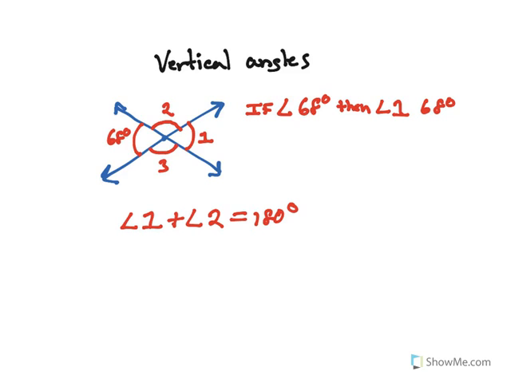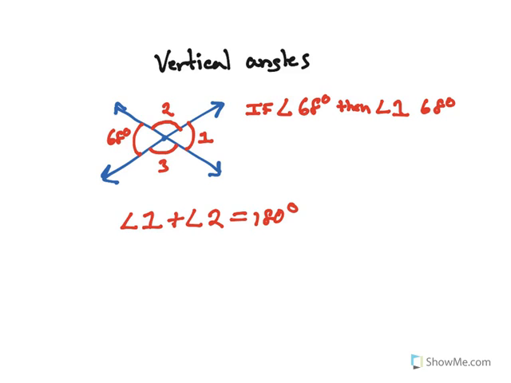How do we know that? If you're starting at one point and going completely the opposite way, that forms a 180 degree angle. So we take 180 degrees, and that must equal the sum of angle 1 and angle 2. Angle 1 and angle 2 are adjacent to one another, so whatever angle 1 is, the remaining portion is angle 2, and those have to add up to 180.